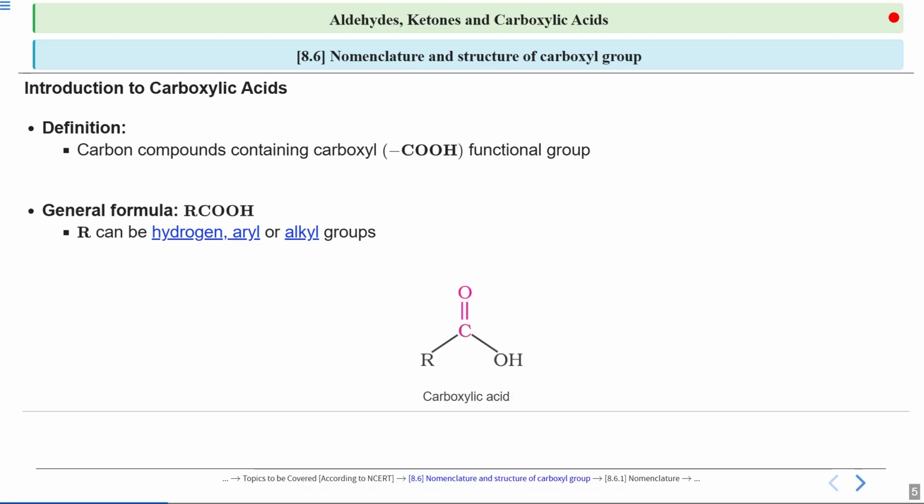If you look at the structure of a carboxylic acid, you will see this C double bond O, the carbonyl group, and on one side there is an R group, which can be hydrogen, alkyl or aryl, and on the other side you have this OH group, which is the hydroxyl group. So this is how a carboxylic acid looks.